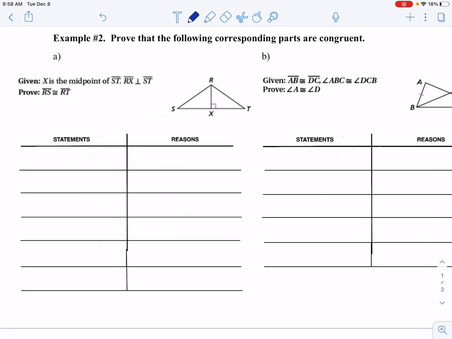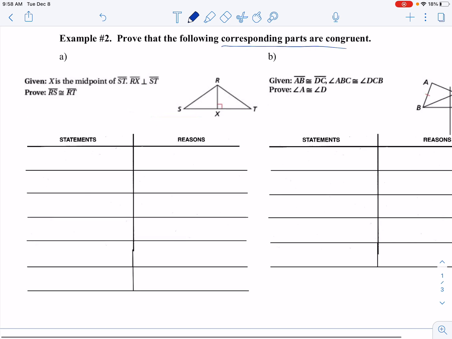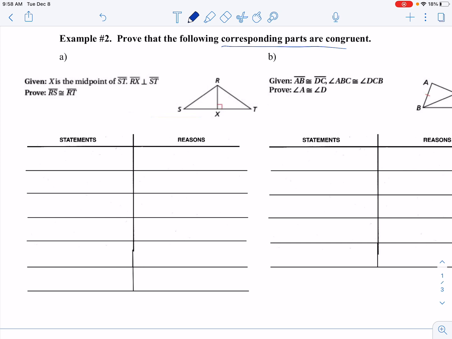We're going to do example A together. We're proving that a corresponding part is congruent in the triangle, but we need to first prove the two triangles are congruent. Let's always start with our givens. X is the midpoint of ST, and RX is perpendicular to ST. Okay, those two givens are actually going to give us a pair of congruent corresponding parts here.